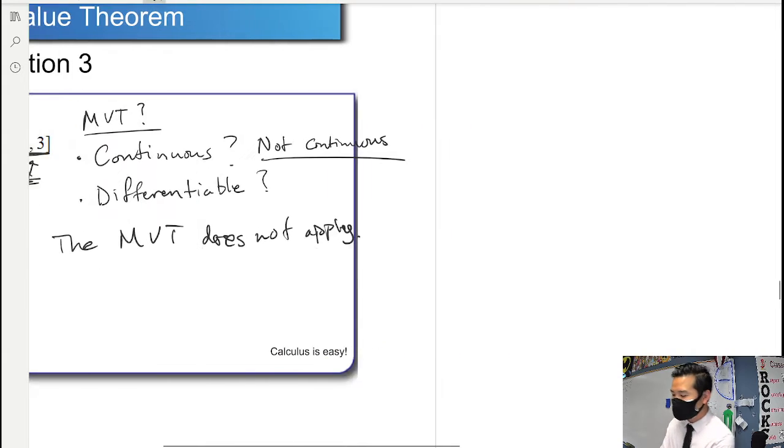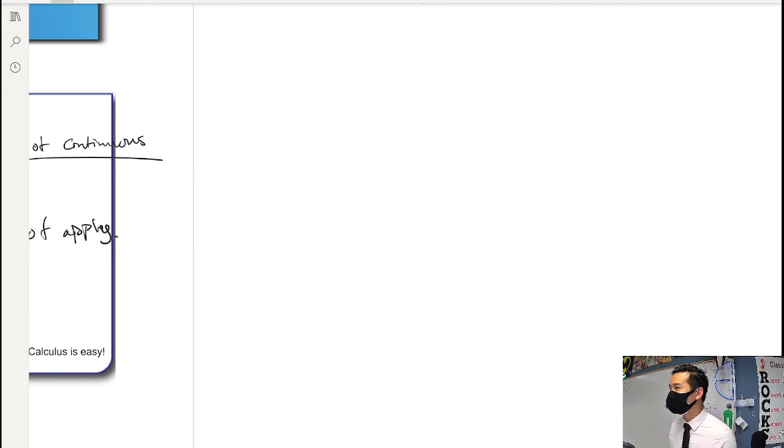So if you want a quick checklist to see if something's continuous or not, I can give you 3 quick ones that are easy to check, if the function even exists at those points. Rational functions are one of them.